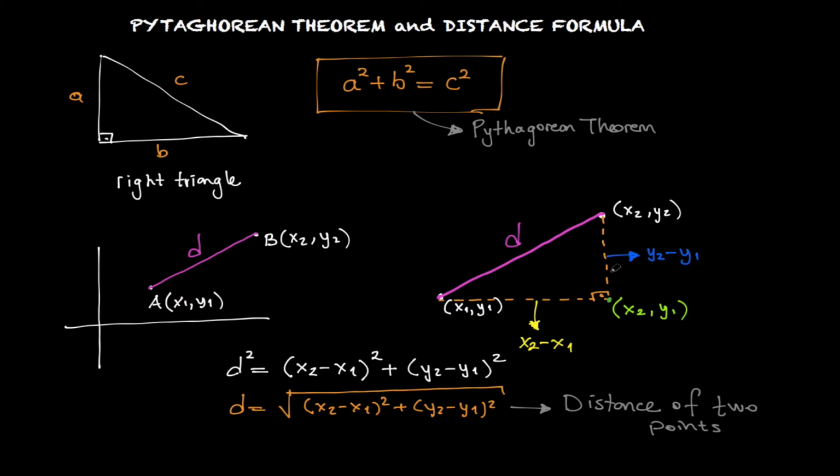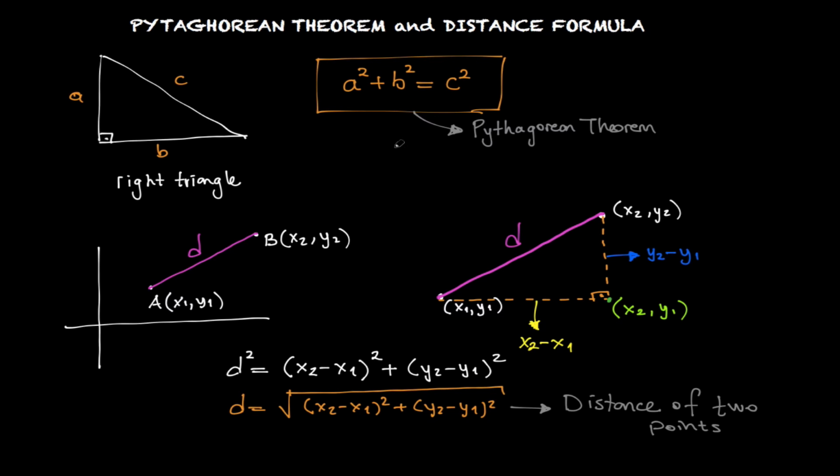On the other hand, this vertical line has length y2 minus y1 because they share the same x coordinate. The only difference comes from the y coordinates, y2 and y1. So these legs have lengths x2 minus x1 and y2 minus y1.